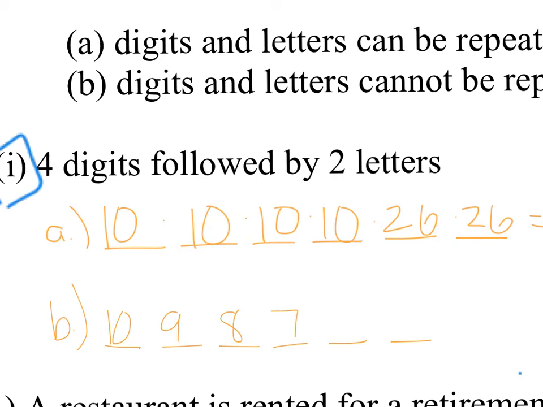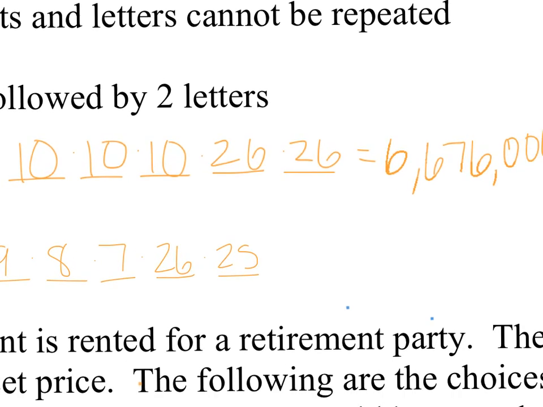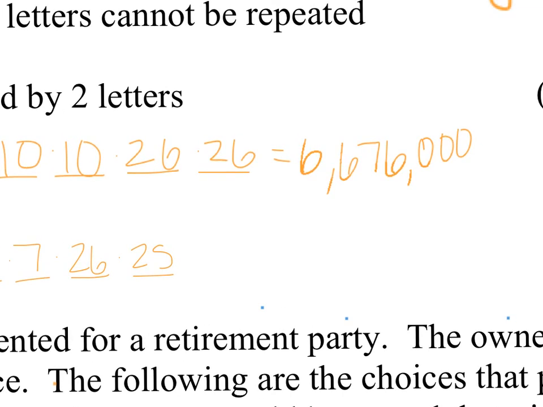For the letters, how many letters did we have to choose from the very first time? 26, but once we chose one of those letters, we had 25 for the second letter. Go ahead and multiply this all together, and you come up with 3,276,000 possible passwords.